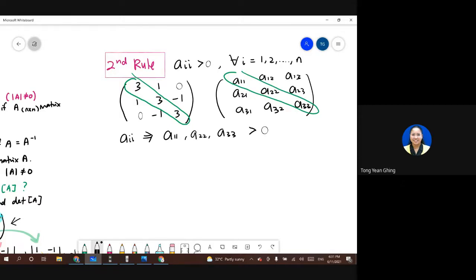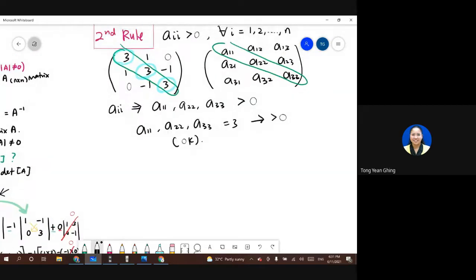Look at here, this one is larger than 0, yes, this one larger than 0, and this one larger than 0. So for this matrix A11, A22, A33 are all equal to 3, that means larger than 0. So this one is okay for the second rule. So we go to the third rule.